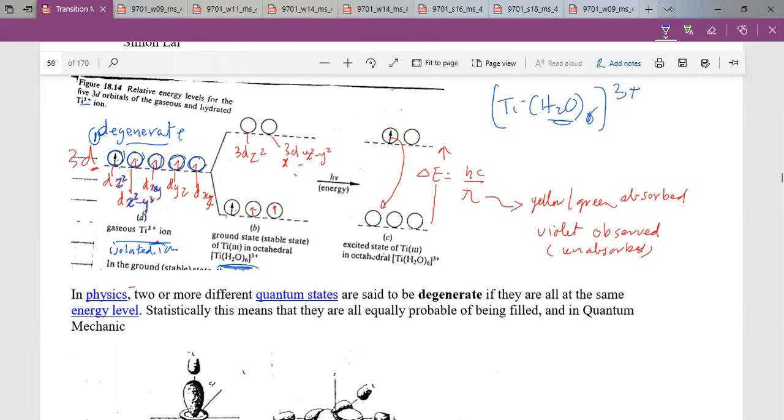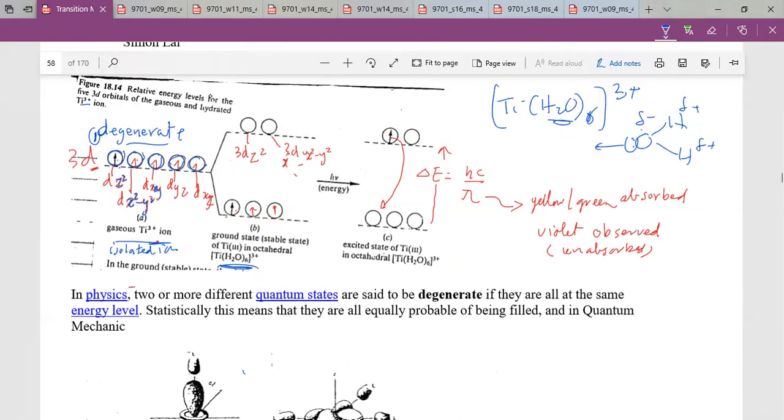Now these 6 water ligands, remember, the lone pair here will form the delta negative, delta positive. The ligands will form the bond with the d orbitals.